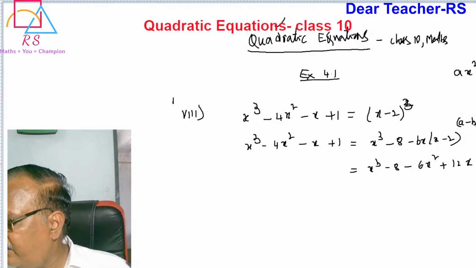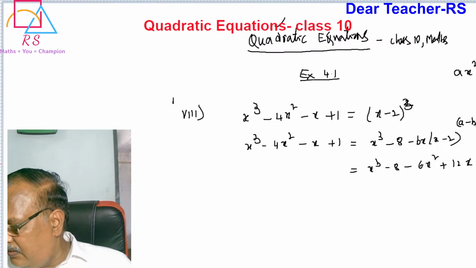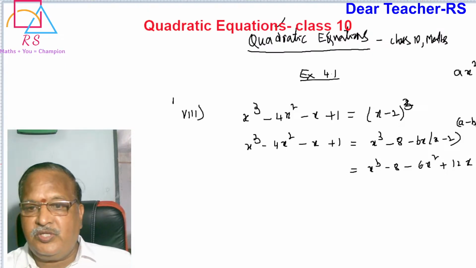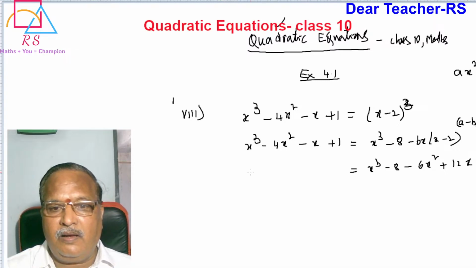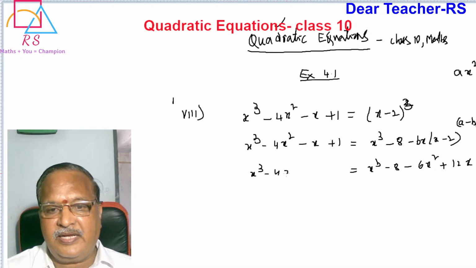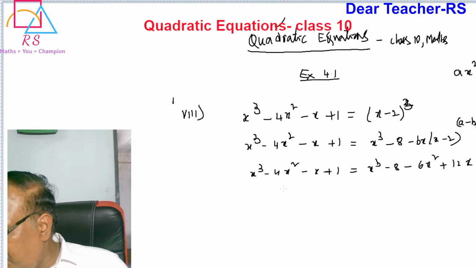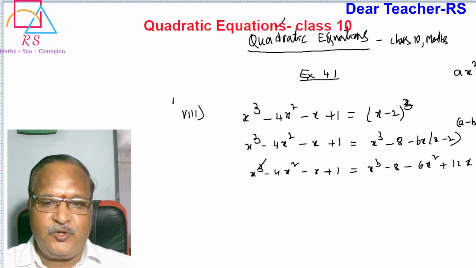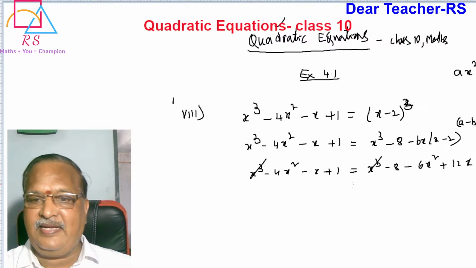Okay, so then x cube minus 4x square minus x plus 1. Whenever x cube is there on both sides, x cube will get cancelled, same thing.